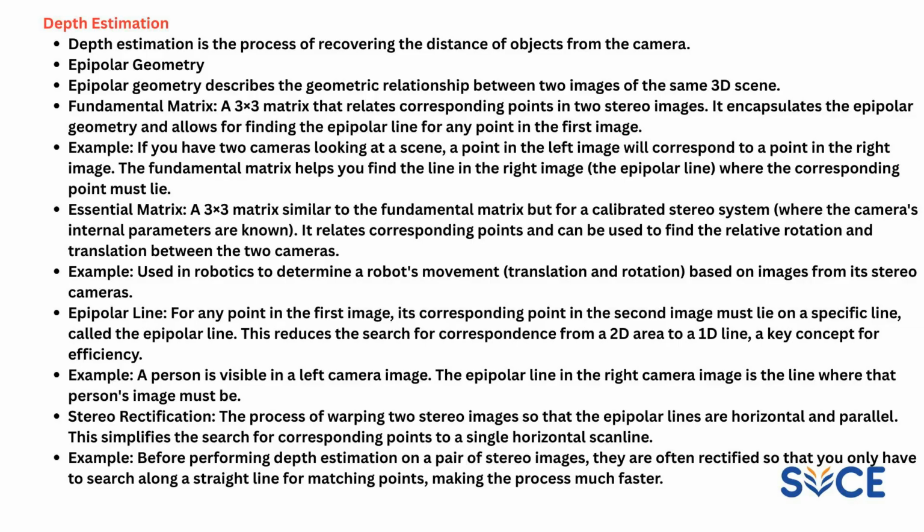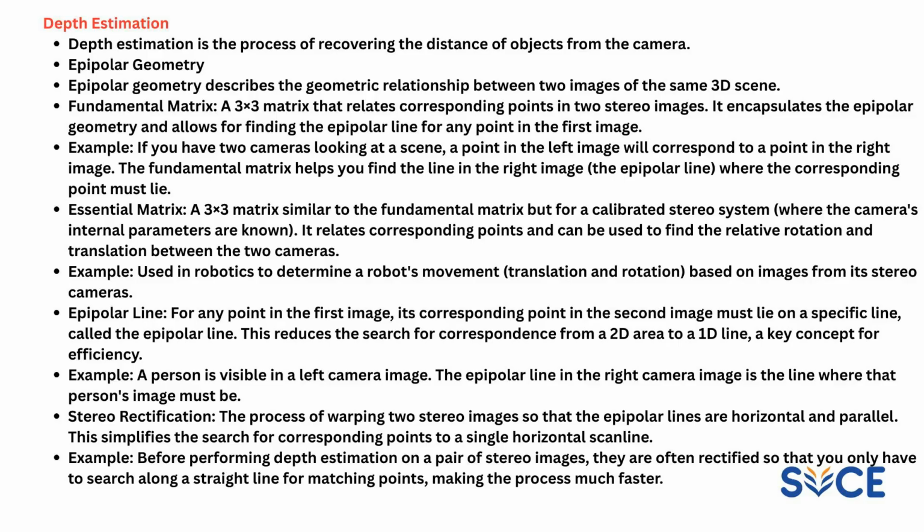Here is how you can think about it. Suppose you see a person's face in the left image, a left side profile. In the right image, you don't have to search everywhere for the same face. You only need to search along a line called the epipolar line.